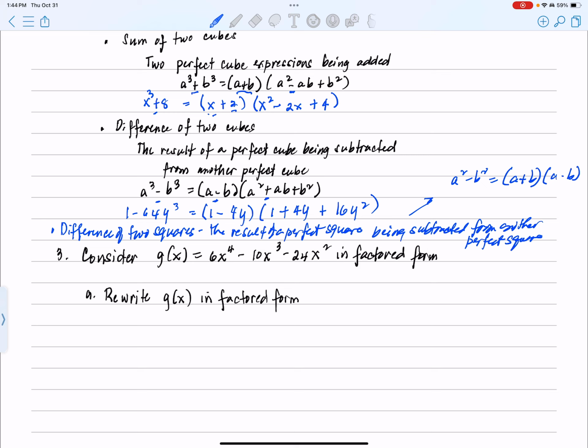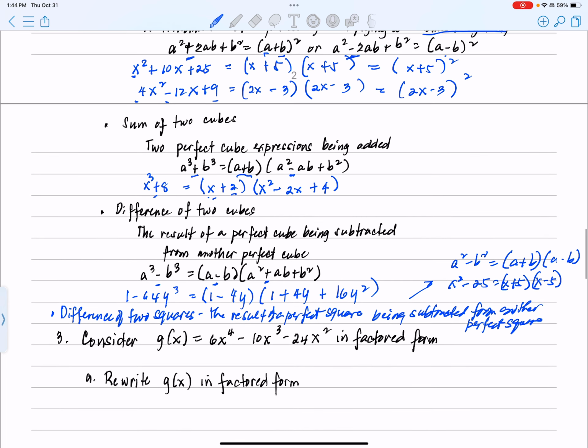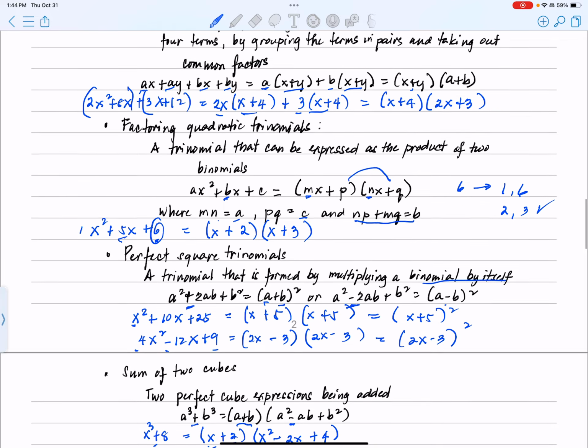So for example, I have x squared minus 25. What will be my sum and difference? It will be x plus the square root of 25, which is 5, and x minus 5. That's the sum and difference of two squares. Okay, sorry for that. We missed out that in our listing here.